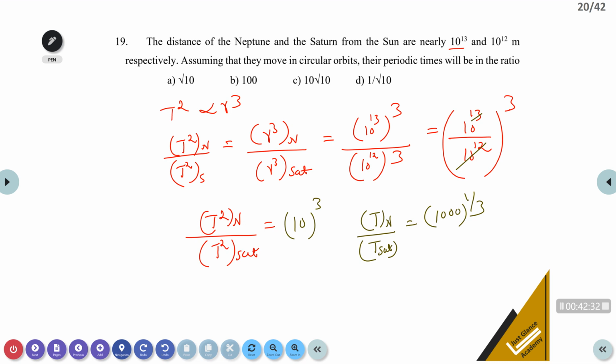Then you are getting roughly T square. The square root of this becomes 10 into root 10. Simplify it, because I am taking the square root.